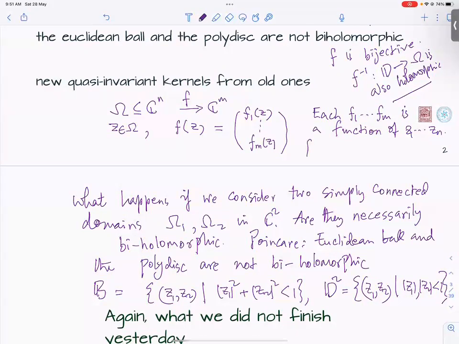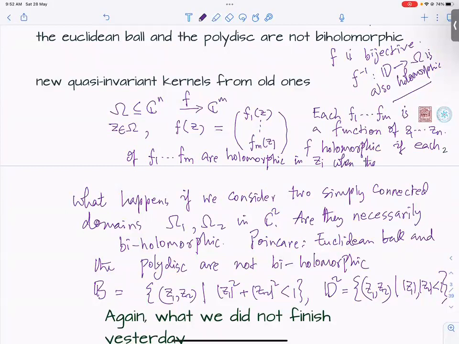And I call f holomorphic if each of f1 through fm is holomorphic in each Zi when the other variables are all fixed.